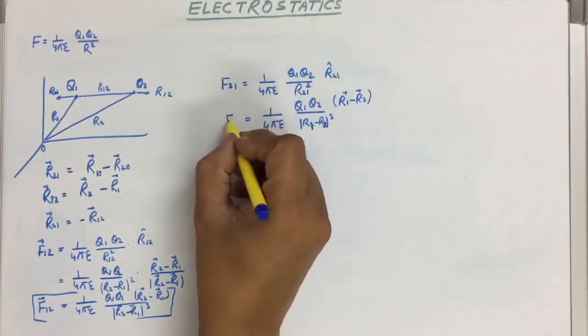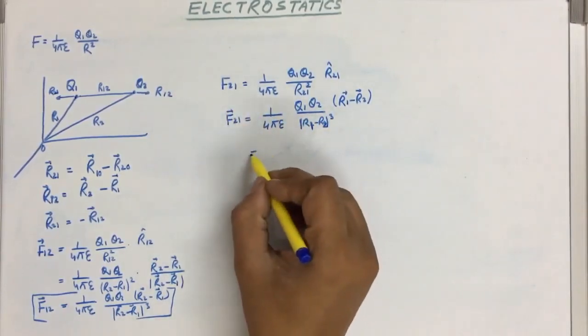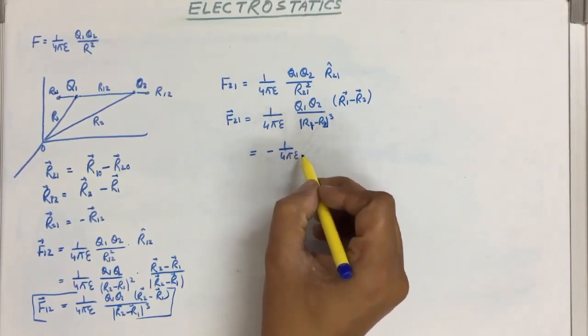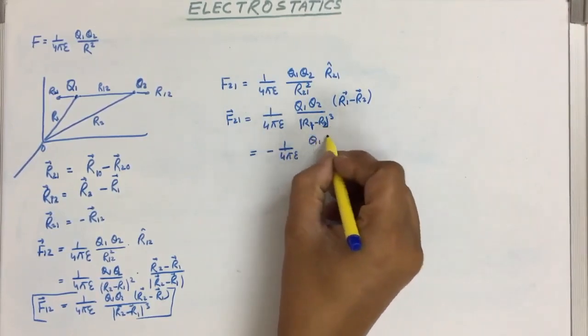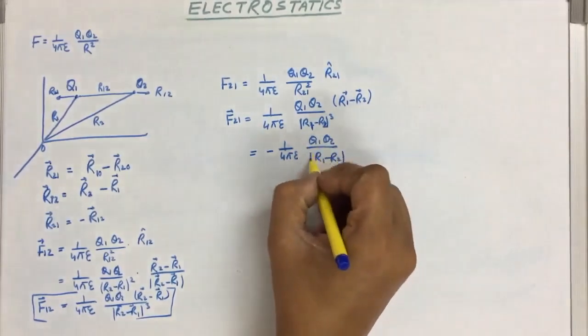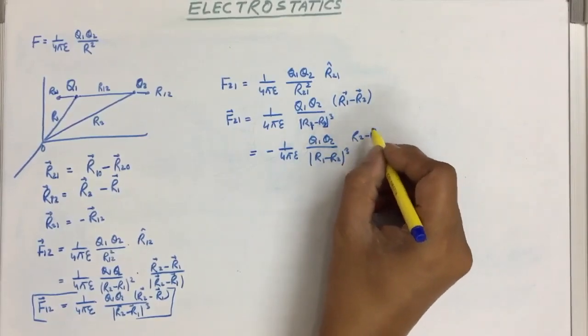So in this way what we can observe, this can be written as 1 by 4 pi epsilon q1 q2 (r1 minus r2) and (r2 minus r1).